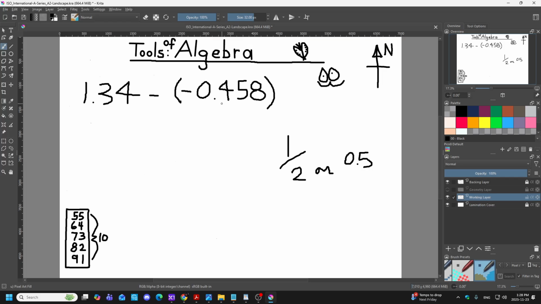This value here, well, it's a negative, but I'm going to be changing the sign, so just pretend that it's a positive number for now. 0.458 is less than 0.5.